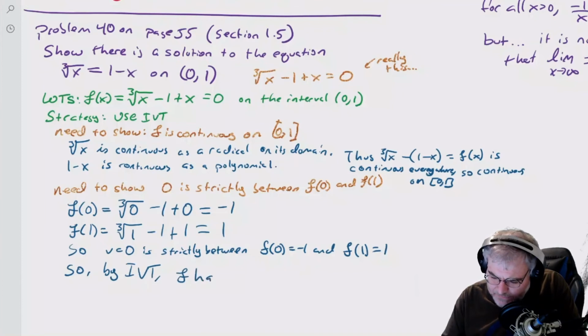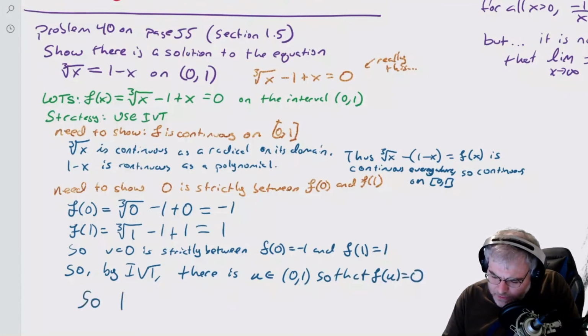F has, there exists a V, there exists a U in 0, 1, so that F of U equals 0.